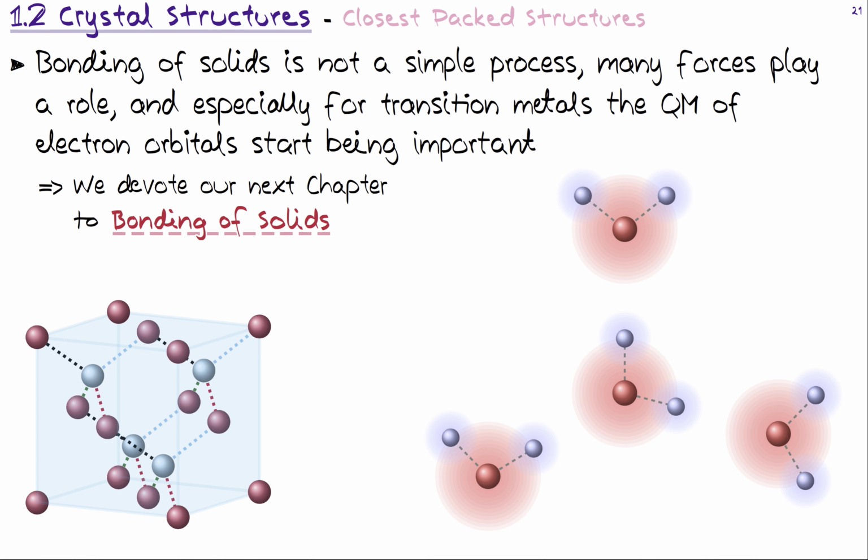And there are forces that give rise to the periodicity of the structure. Why water ice has a periodicity, is partly crystal and not amorphous, must arise from some forces, and those will be covered more in the next chapter.